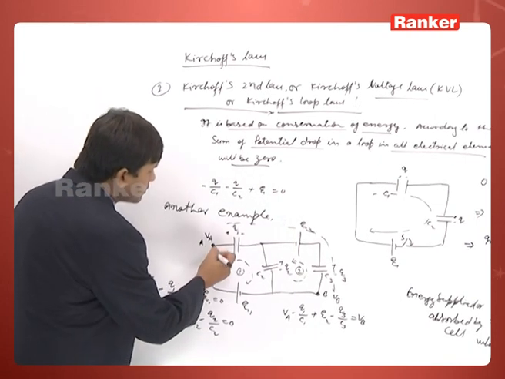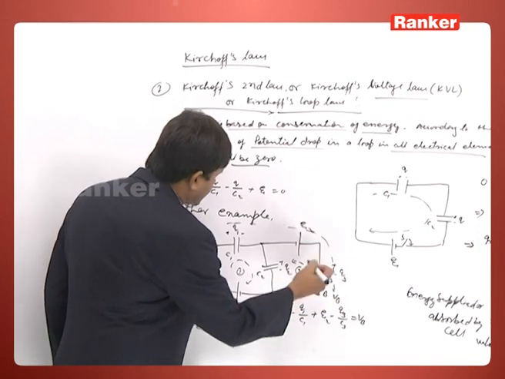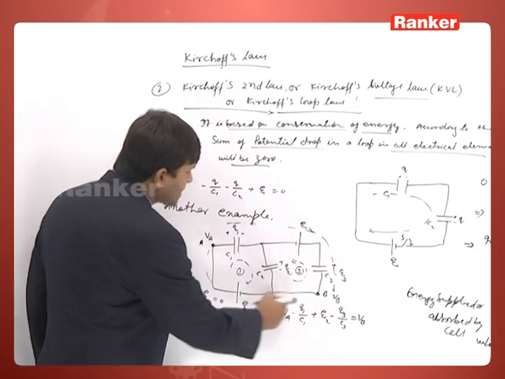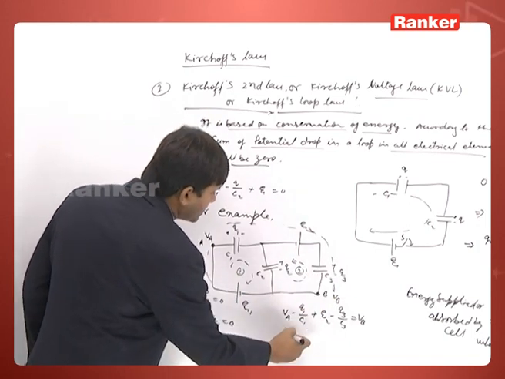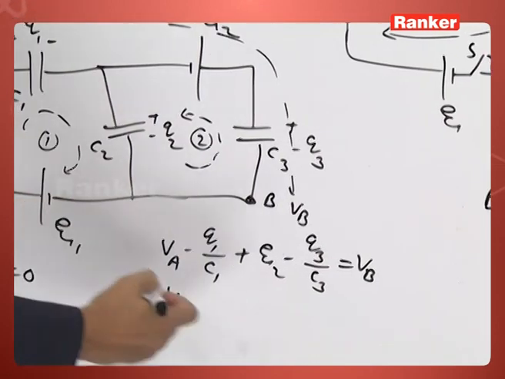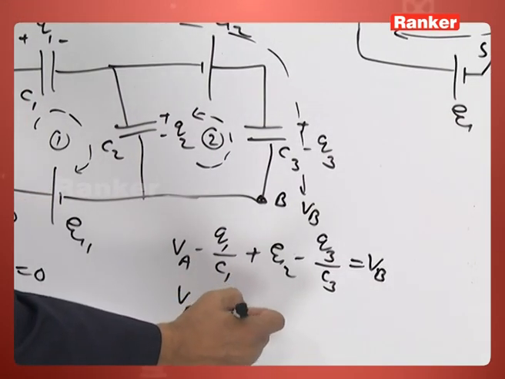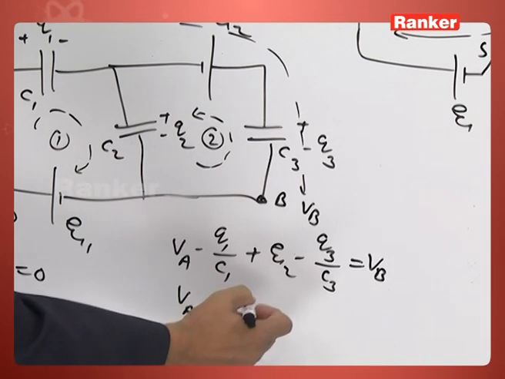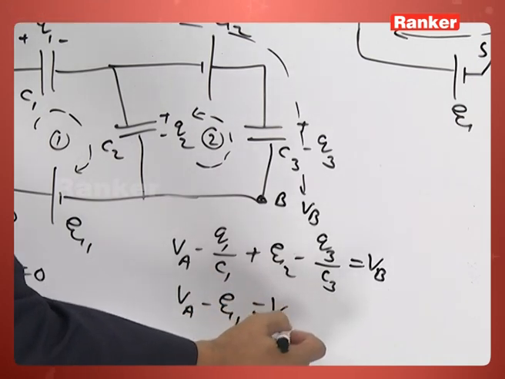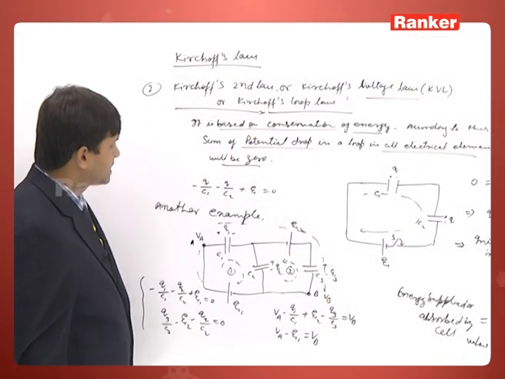You can do the same thing if you follow this path: start from A, VA, then here minus E1, then you reach B, equal to VB.